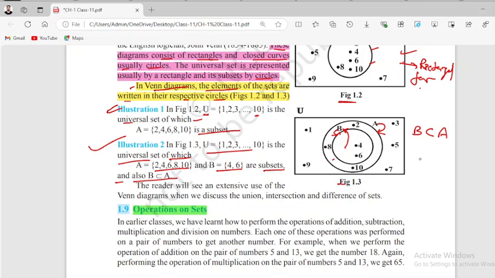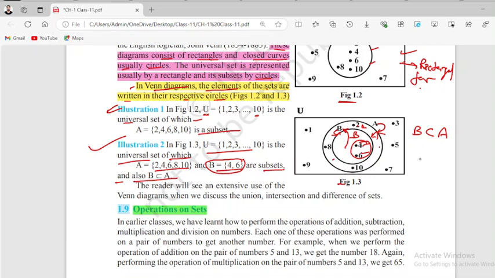The elements of set B are 4 and 6, and the elements of set A are 2, 4, 6, 8 and 10. So 4 and 6 are common in set B and set A, and that's why we can represent it like that.